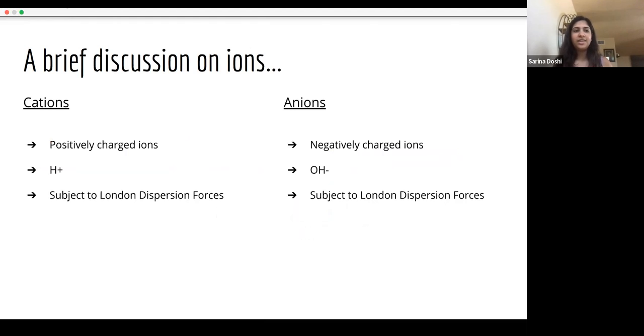It is the power of the hydrogen, but the power of the hydrogen is determined by the amount of hydrogen. By hydrogen, I am referring to the H+ ion, and we'll quickly talk about ions. You have two types of ions, cations and anions. Cations are positively charged ions like H+, and anions are negatively charged ions like OH-.